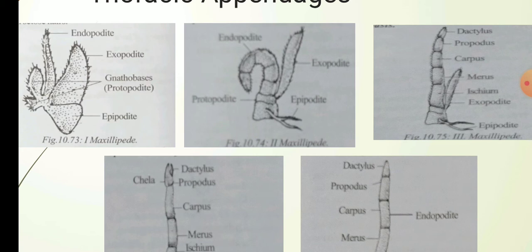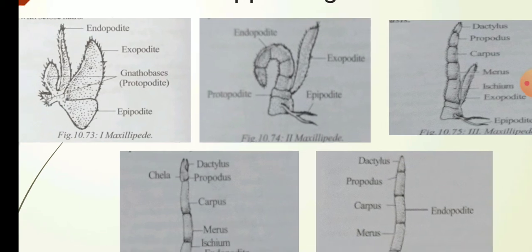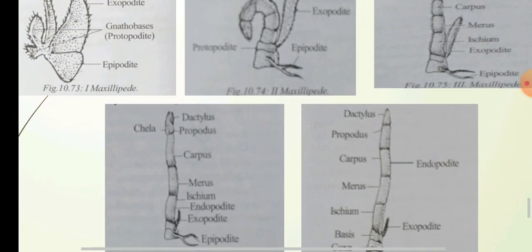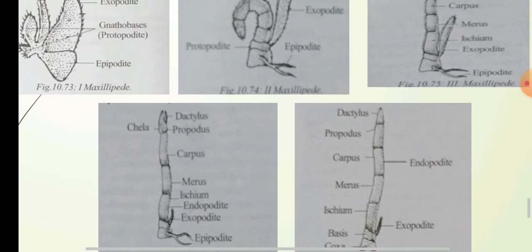The epipodite of the first maxillipede is a flattened lobe, while in the remaining appendages it is Y-shaped. You can see the first maxillipede has a lobe-like one, whereas the other 4 will be Y-shaped.